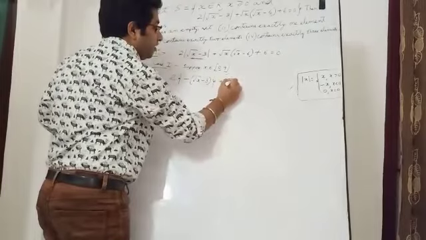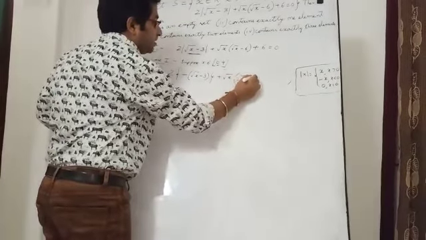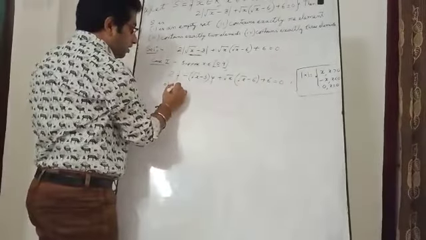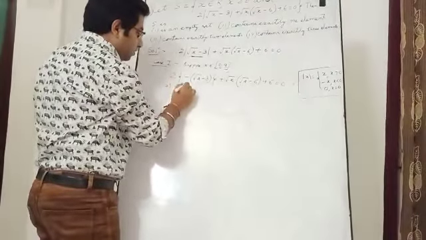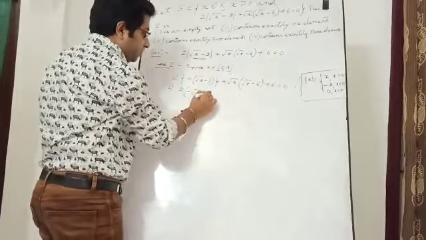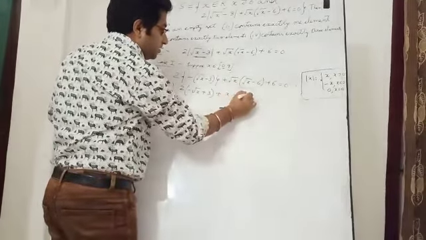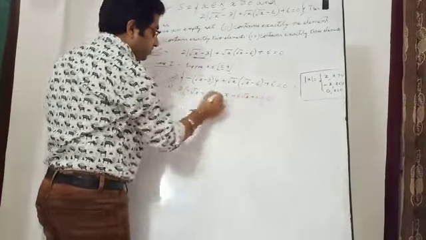We have no problem in here because this is (root x minus 6) plus 6 equal to 0. So here you got 2 into minus root x plus 3 plus root x into (root x minus 6) root x plus 6 equal to 0.